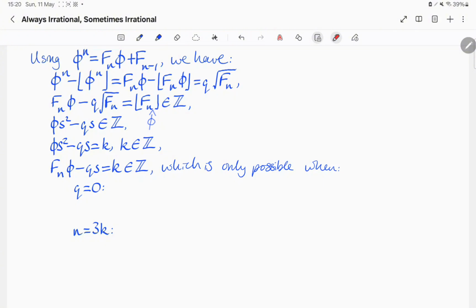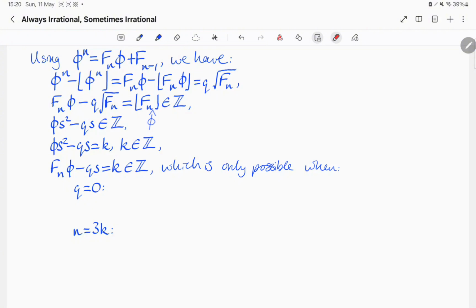Setting the square root of F_n to be s, we therefore have phi s squared minus qs is an integer, and therefore we have phi s squared minus qs is equal to k, where k is an integer.